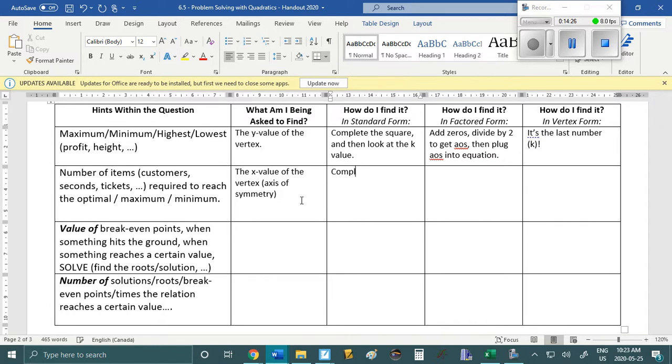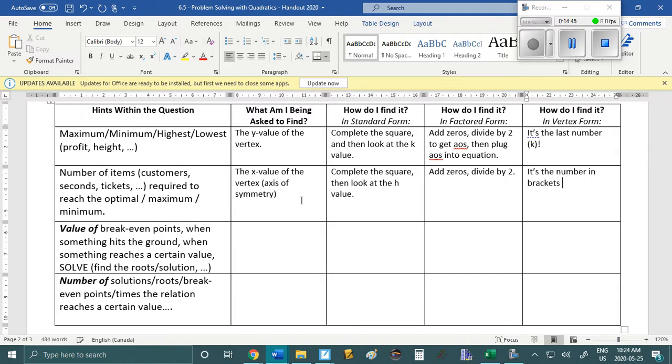In standard form, complete the square, then look at the h value. In factored form, add the zeros and divide by 2. And in vertex form, it's the number in brackets, with the opposite sign, remember. If it's positive, it's negative, and if it's negative, it's positive, for the h value.